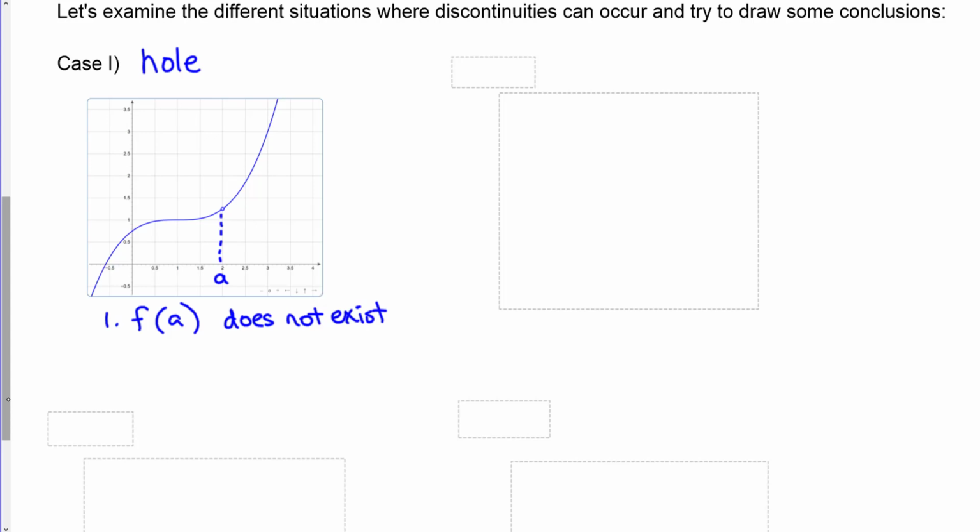So if the function does not exist at a point, it's discontinuous there. What about the limit? Since this is a hole, if we approach this limit value from the left and then approach it from the right, the y values approach the same number. And so the limit as x approaches a of my function does exist, and it happens to be equal to 2.